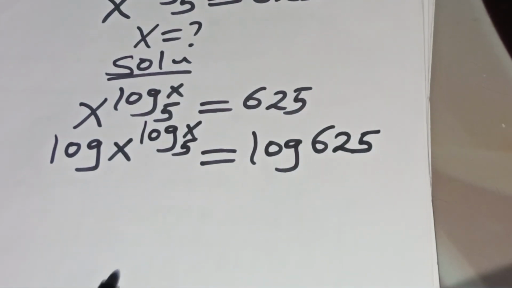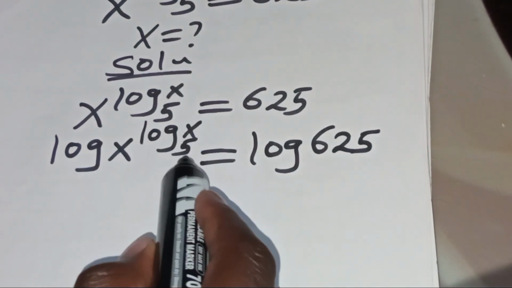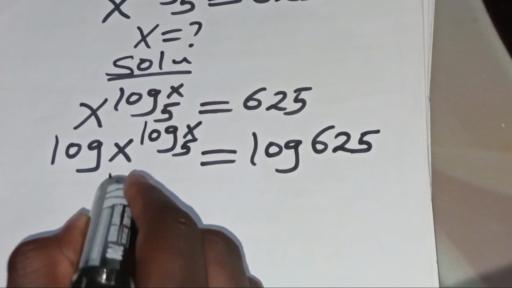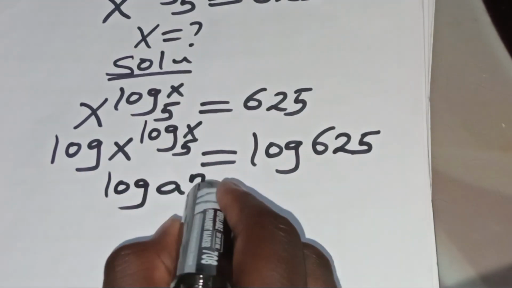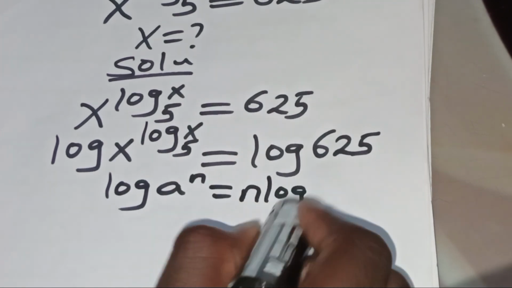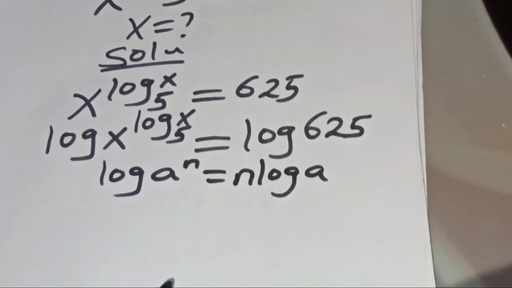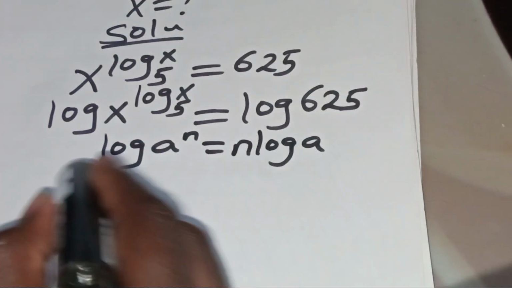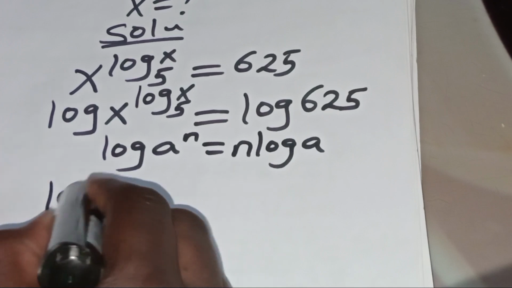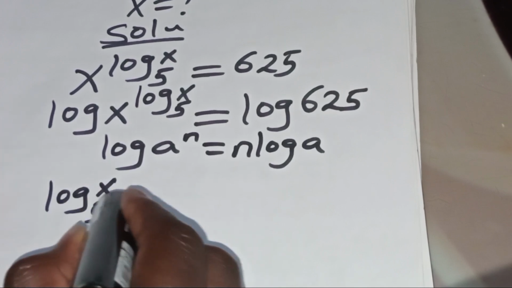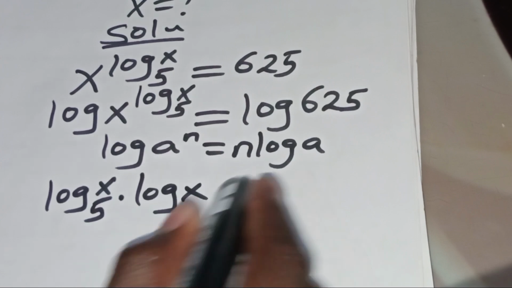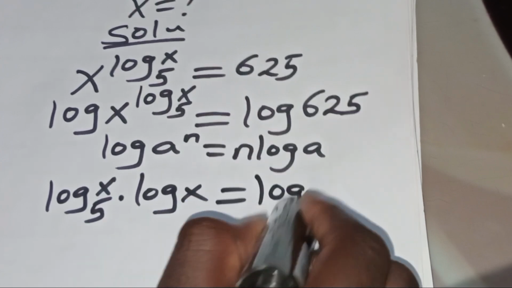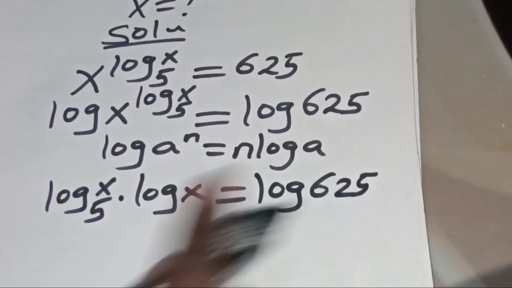Now, log x to the power of log x to base 5 is in the form of log a to the power n, which you can express as n log a. So applying this property, we'll have log x to base 5 multiplied by log x, which is equal to log 625.